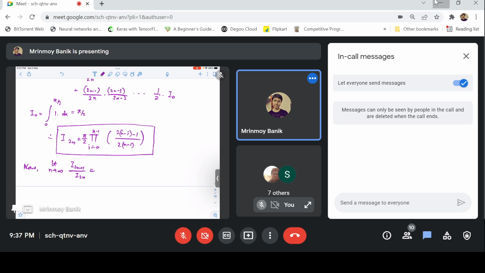So if claim 5 is proved, L equals square root of root pi. Yes, L equals square root of root pi. And that will prove our Stirling's theorem.